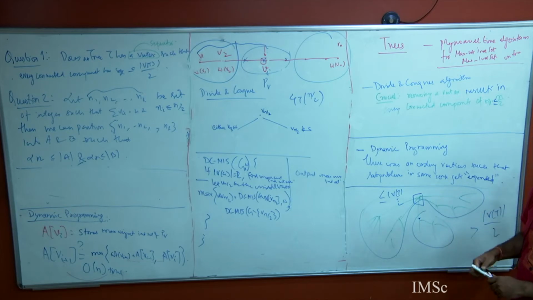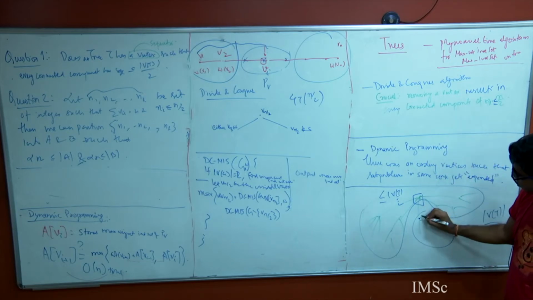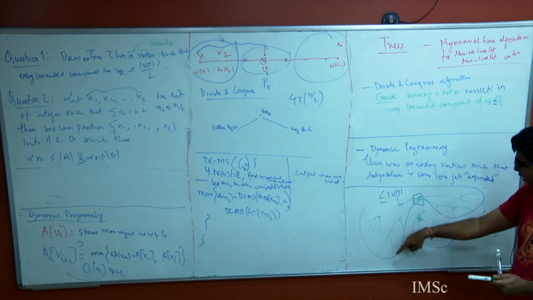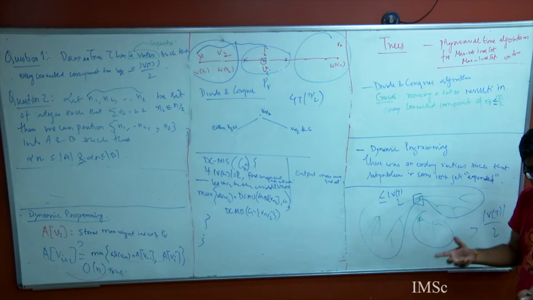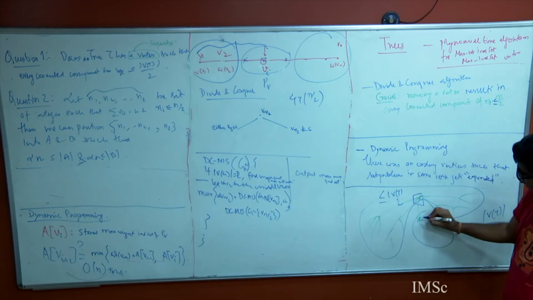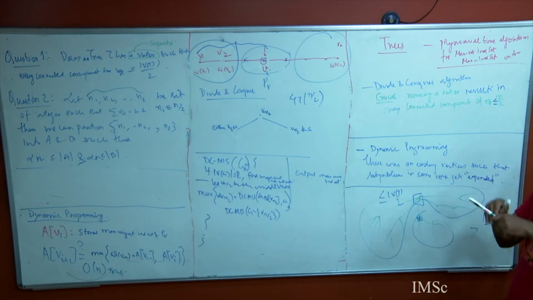So root this tree somewhere. I move my token. I ask this guy, are you the right vertex? If it does the job, great for me. If it doesn't do the job, then I move towards the heavy component.